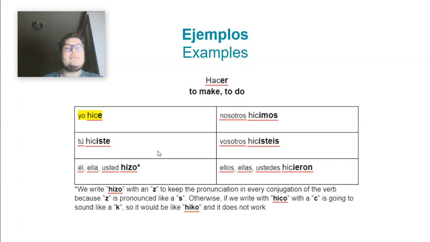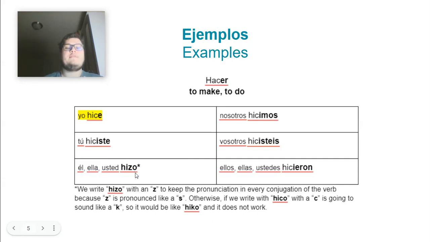So as you can see, we have a difference here to the rest of the verbs that we saw before, and it is this conjugation about hizo. Él, ella, usted hizo. Why instead of following the C like the rest of the conjugation? It is because after the letter C we have the letter O. What is happening there?